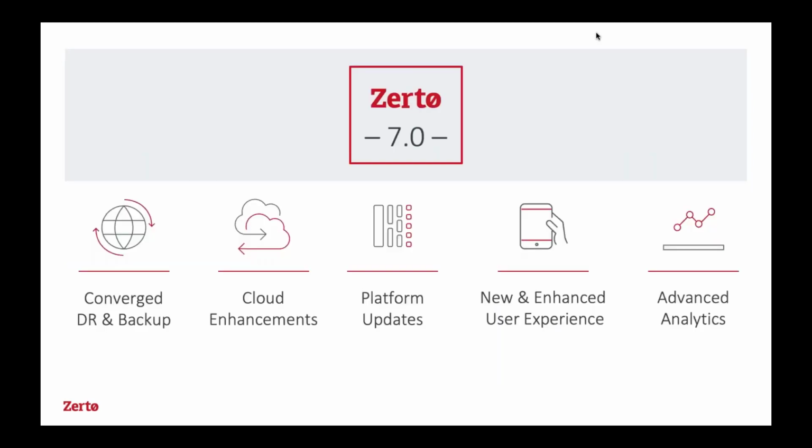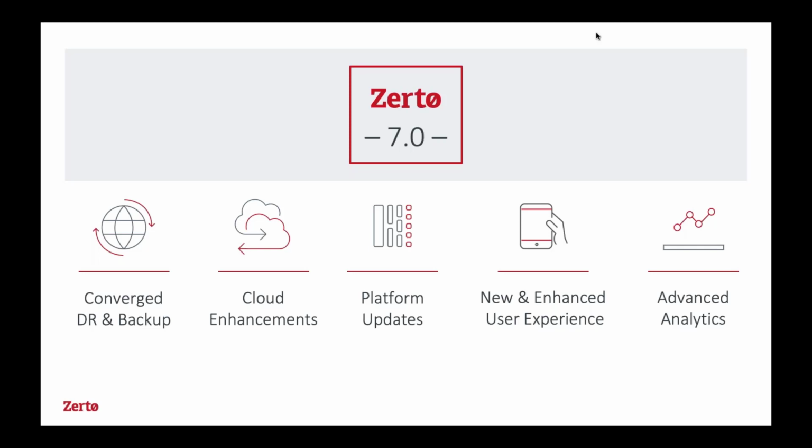As we move into Zerto 7 and start to understand the pieces that we'll be delivering over the course of this year, you start to look into that converged DR and backup, which is really the cornerstone for what Zerto 7, and as you can see here, 7.0 is going to be, as we bring that out in early Q1 or Q2.